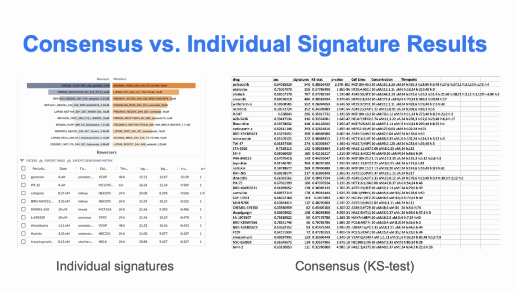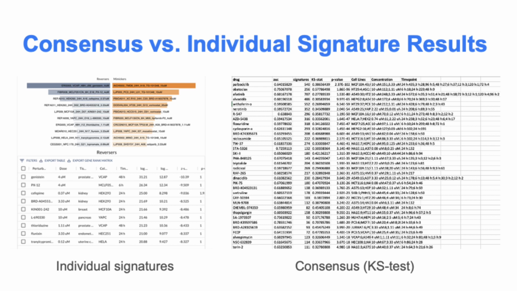So just if I'm showing you here what the results right now in SigCom LINCS look like, there is the drug name and then the cell types, the concentration, the batch, where it came from, and then the time point.